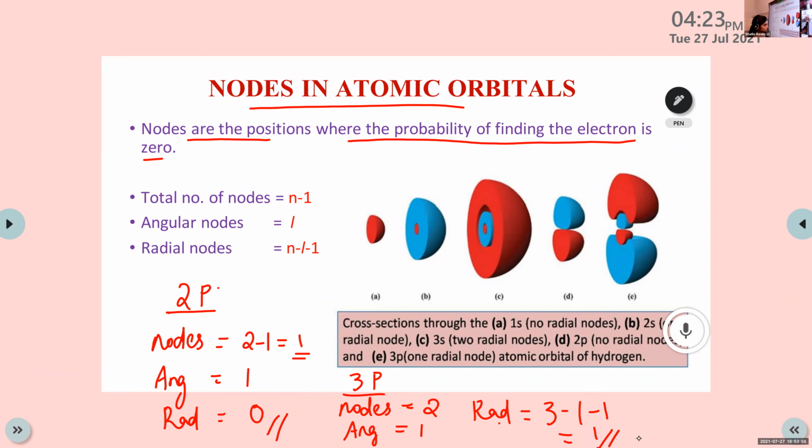That's equal to 1. So this is the method to find the total number of nodes, then radial nodes, angular nodes, etc.